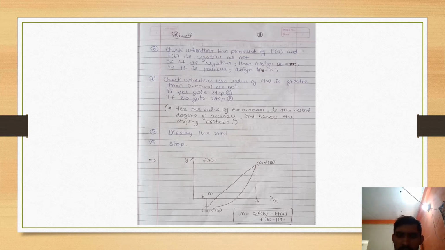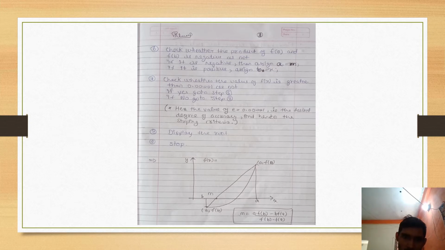For that, we join the points b, f of b and a, f of a, and a chord is drawn.